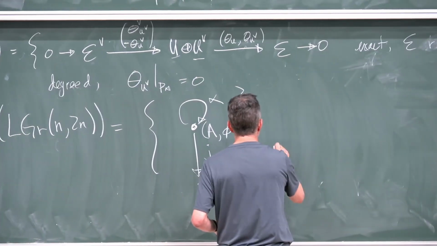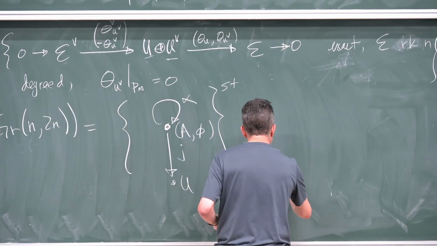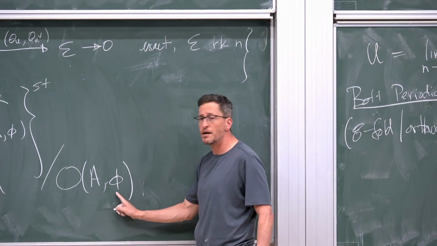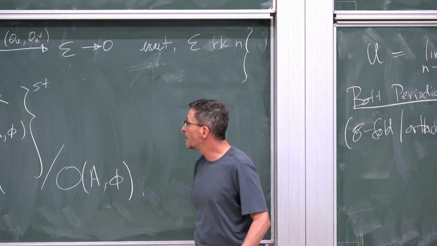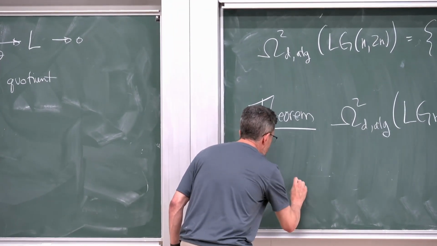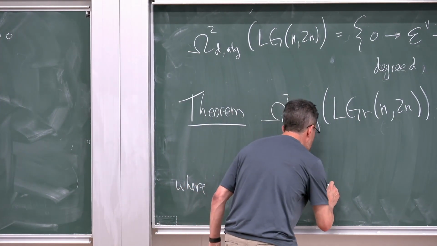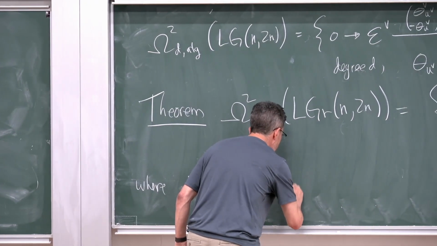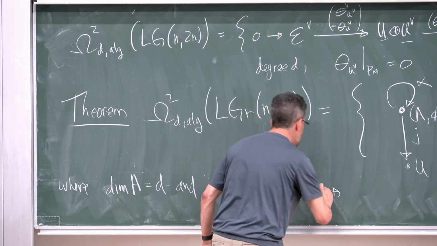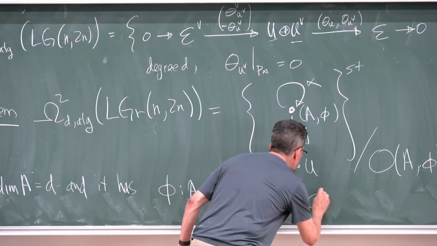But there's a new stable locus, and this is the orthogonal group acting on A. A is a vector space of dimension d that comes equipped with an orthogonal structure, an isomorphism phi from A to A dual, satisfying phi dual is phi.